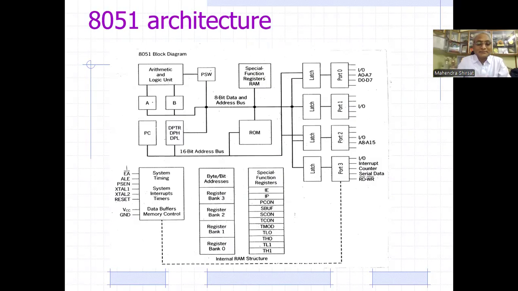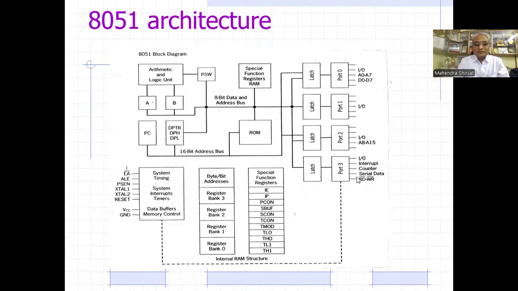You can see these data buffer controls. And all these terminals like this EA, ALE, PSEN, I'm going to explain these control terminals in detail in the case of the pinout diagram of the 8051 microcontroller.